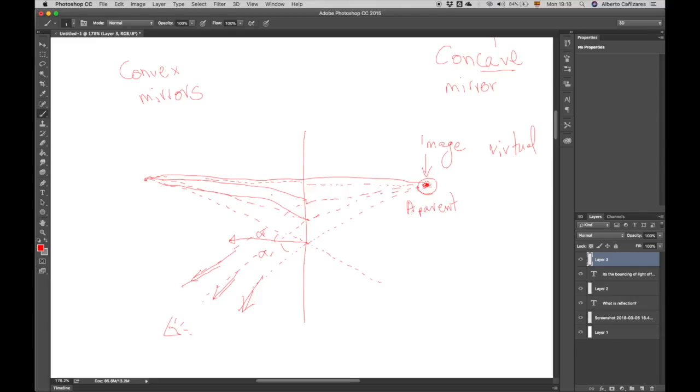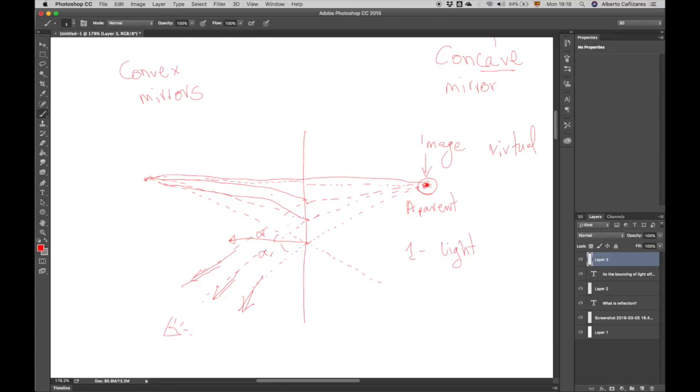Okay, now the rules are two, really, and it really is just one. So rule number one is that the light hits the mirror and bounces off. Incident light and reflected light bounce with the same angle.